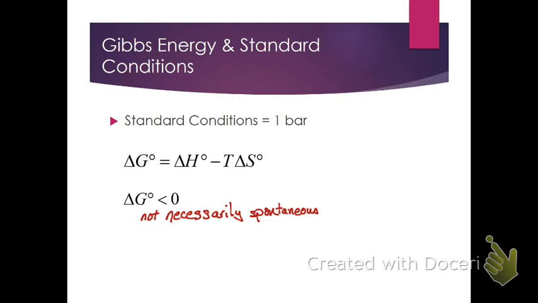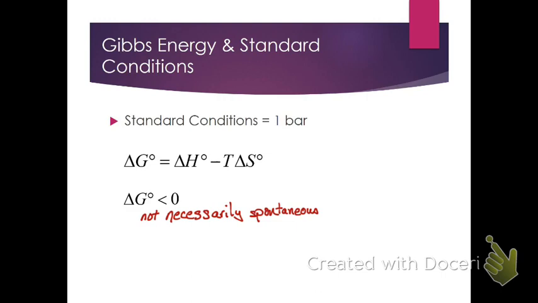The issue is that it's not necessarily spontaneous, because the delta G naught that we would have calculated here would be based on all of the substances, the reactants and the products, being at standard conditions. If they're not all at standard conditions, then this will not give us delta G for the process. There is a difference between delta G and delta G naught. Delta G naught refers to standard conditions. When we use tabulated values, we're calculating delta G naught for standard conditions.